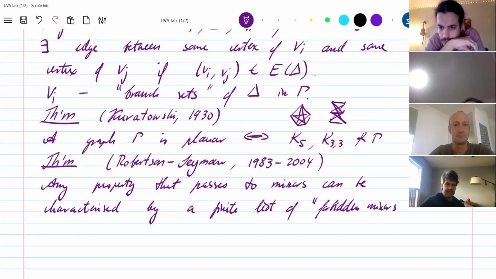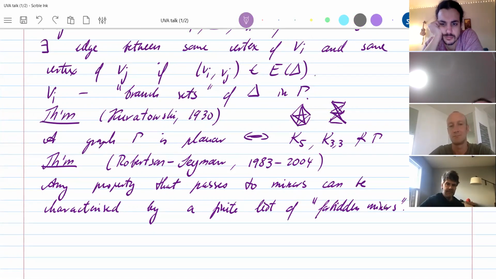A bit like in this Kuratowski theorem, where we had this finite set of forbidden minors for a graph to be planar. Any property that passes to minors can be characterized by just giving a finite list of graphs which you're not allowed to have as minors in graphs with that property.